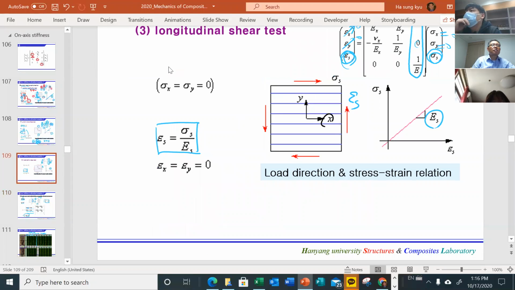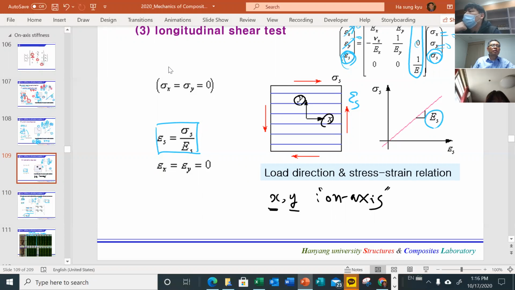These x, y coordinates will be called on axis. Again, x is along the fiber direction, and y is perpendicular to the fiber, and this is the on axis.